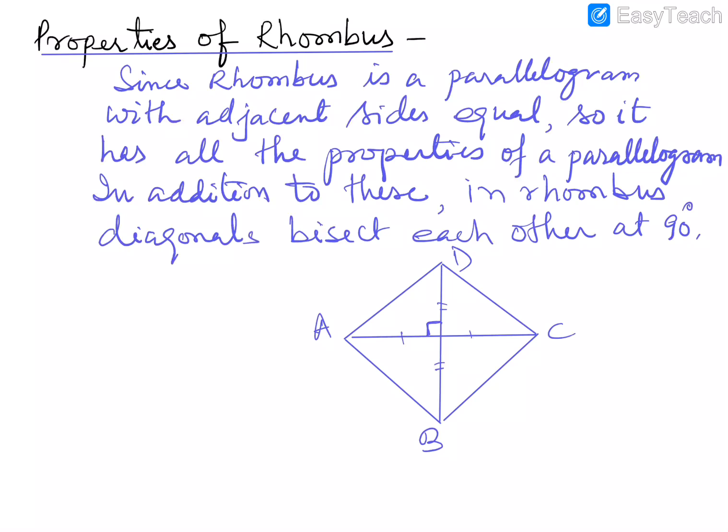In addition to these properties, in a rhombus diagonals bisect each other at 90 degrees. These are the diagonals of this rhombus which bisect each other at 90 degrees.